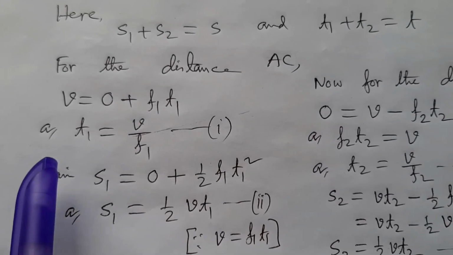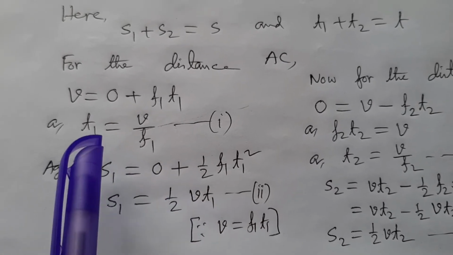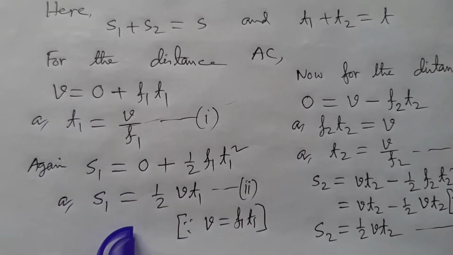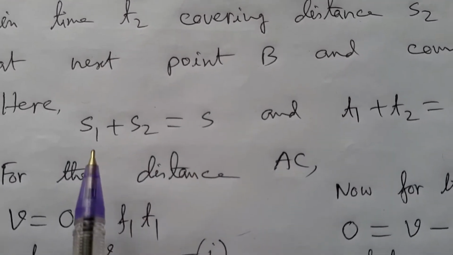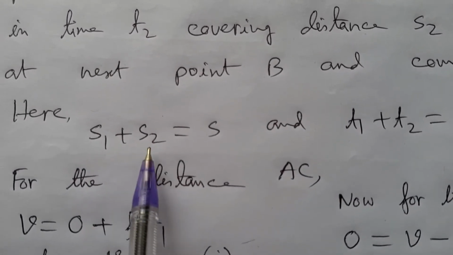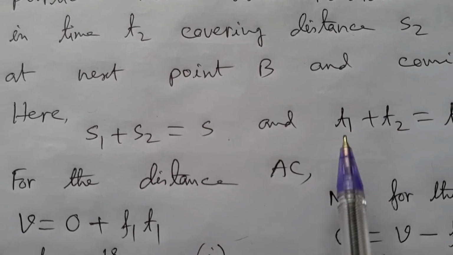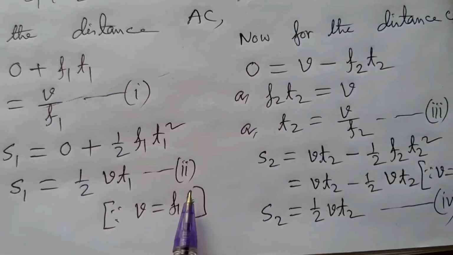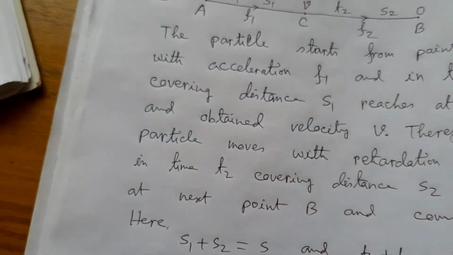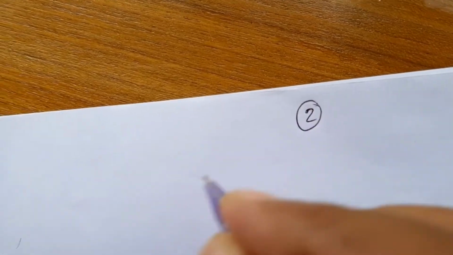So already we got t1, s1 and t2, s2. Here there are two equations. One of them is s1 plus s2 is equal to s, and the second one is t1 plus t2 is equal to t. So at first we add equation number 2 and 4. This is page number 2.